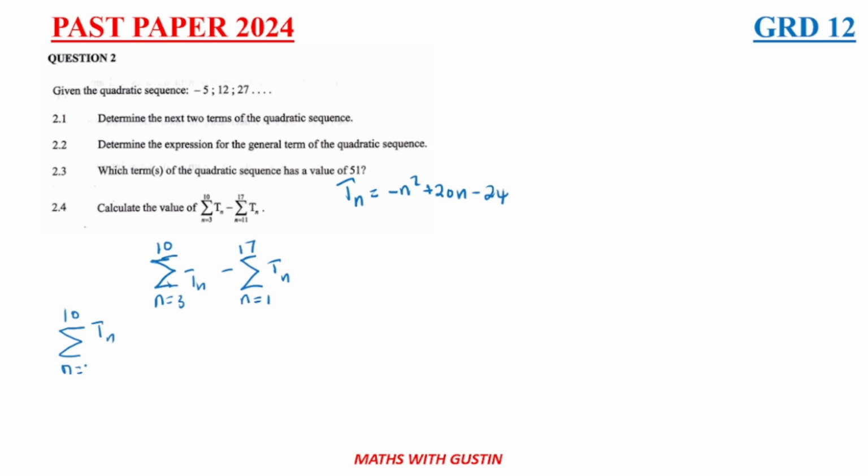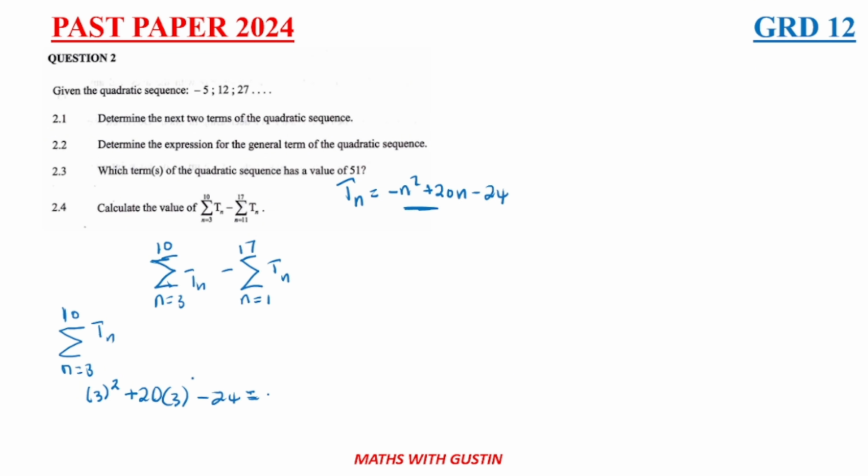They're saying this one is the number of terms that you need on this side. This is where you are starting. So guys, here you're starting at 3, so you're gonna substitute 3 in this equation. 3 squared plus 20 times 3 minus 24. Then you find the term there.